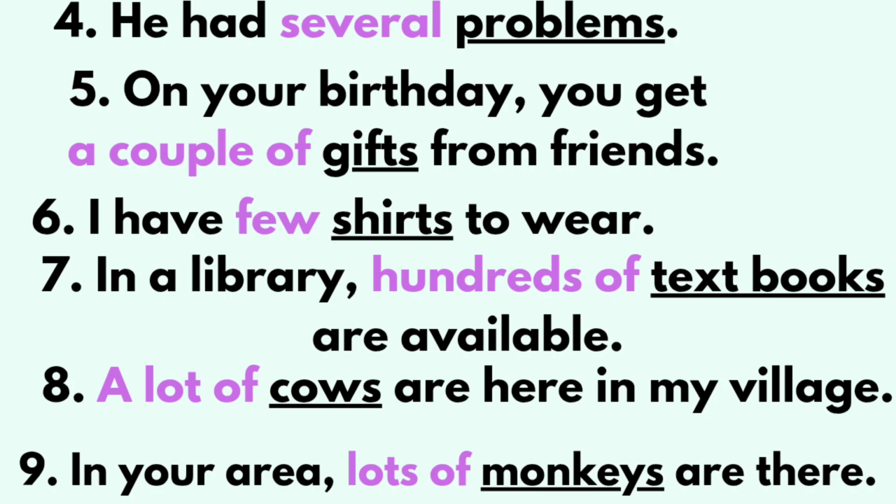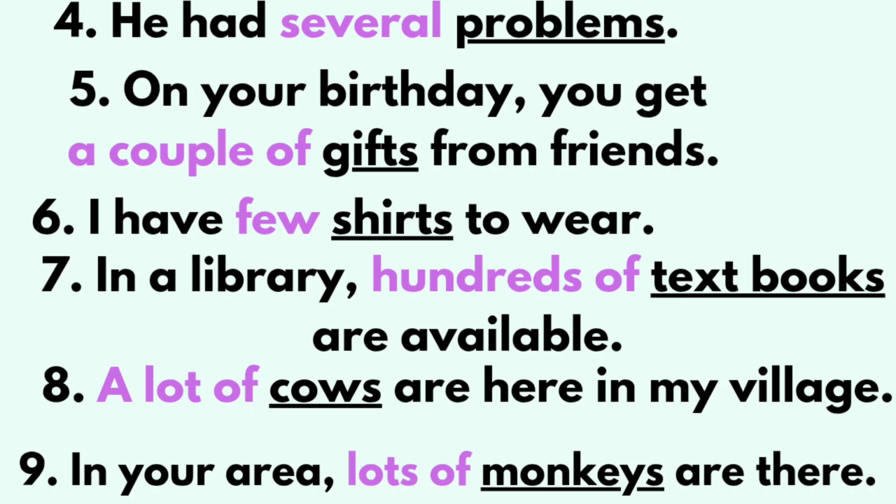On your birthday, you get a couple of gifts from friends. Here gifts means plural countable. A couple of is a quantifier and it is used before a plural countable noun. You cannot say a couple of gift, or several problem. After several, some, a couple of, many, we have to use a plural countable noun.